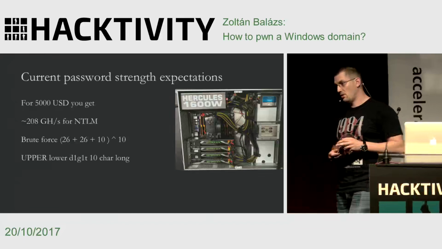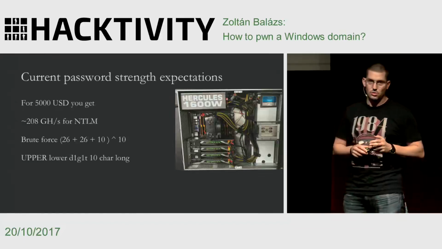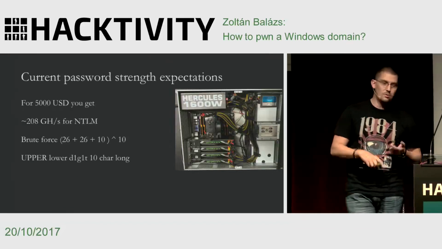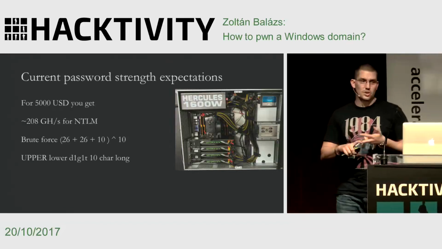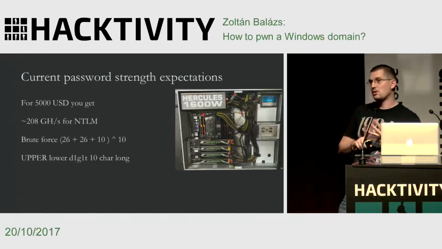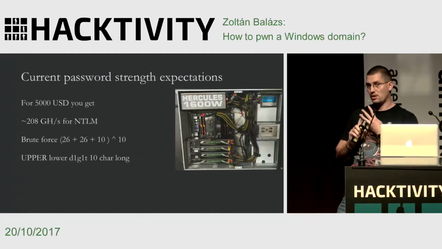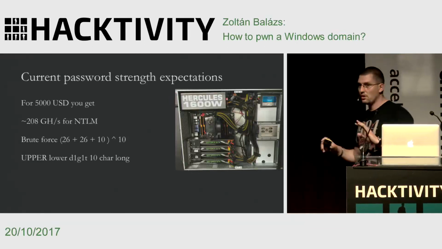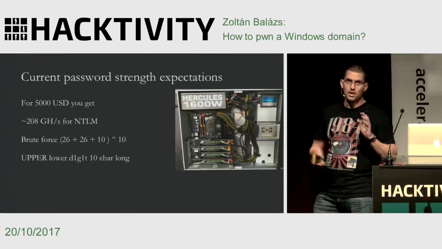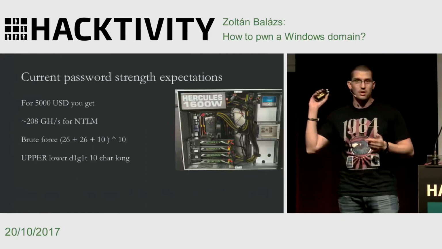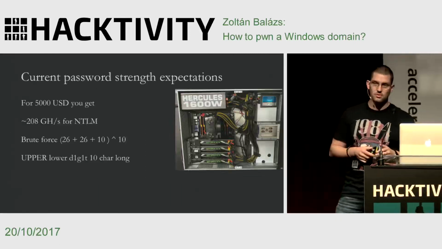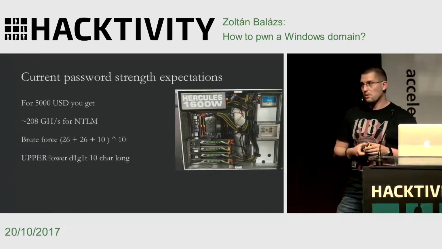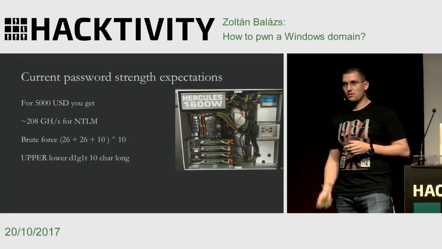Let's say that the user is using a password which has lowercase characters, uppercase characters, digits. It is 10 characters long, not 8, 10 characters long. And it's totally random. There is no pattern, no word list. It's not password1 and not welcome12 or stuff like that. It's totally random. What do you think? How much time do we need to crack these kind of passwords?